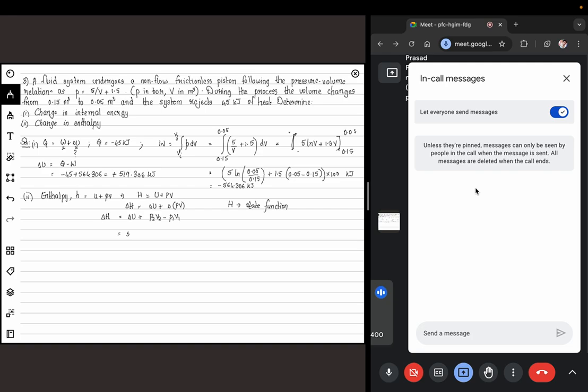Delta U we have already calculated. The final pressure times final volume minus the initial pressure times initial volume.